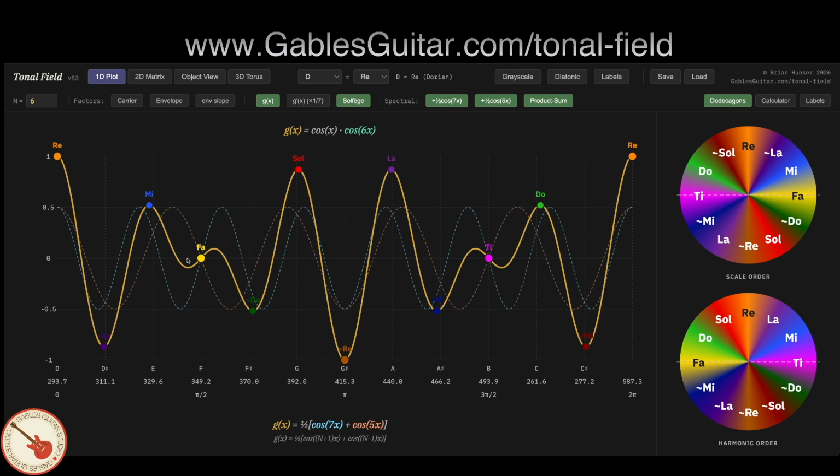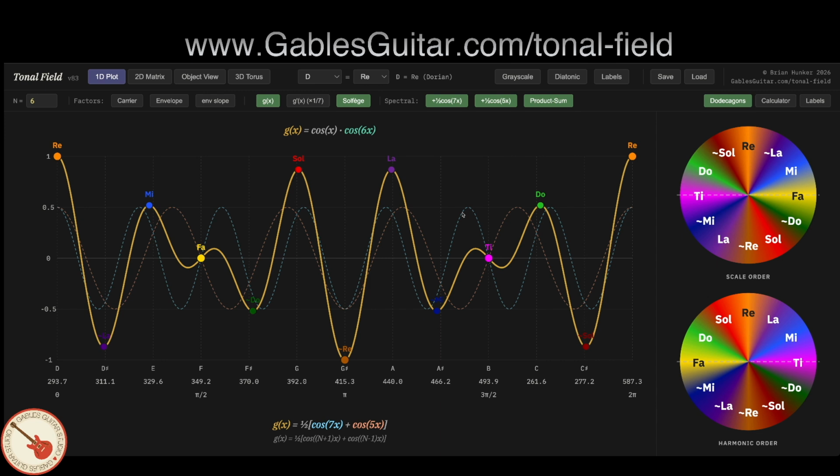And they cross 0 at precisely our two important tritone features, fa and ti. Okay, so that's the product sum that shows us how we can get the same curve from the sum of those two spectral components.